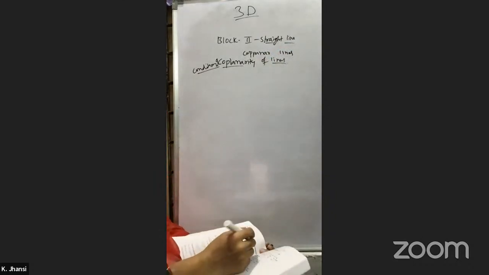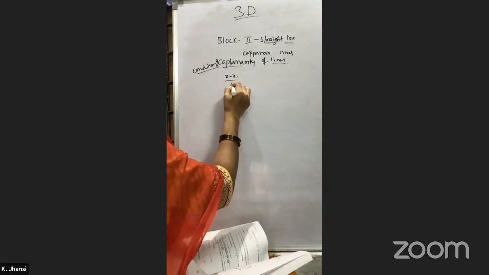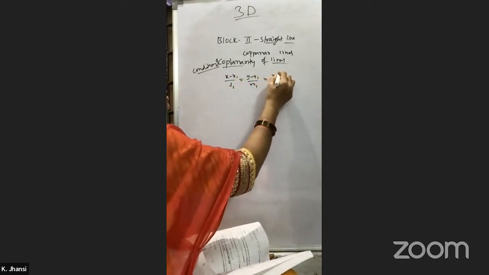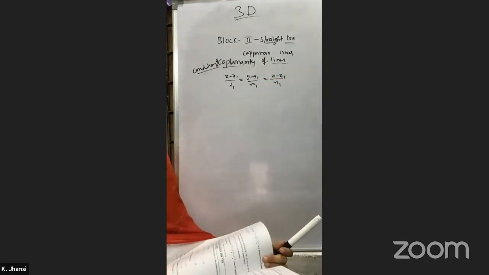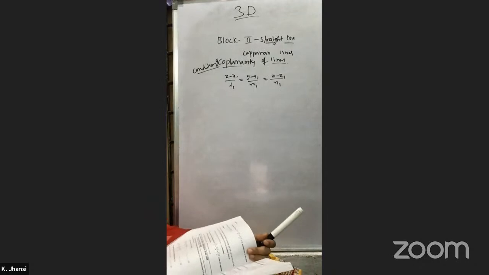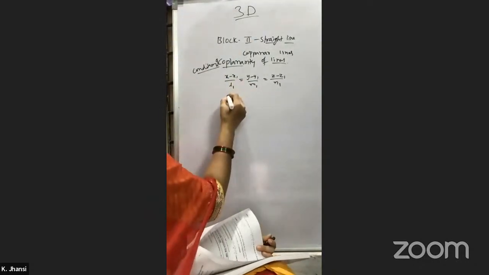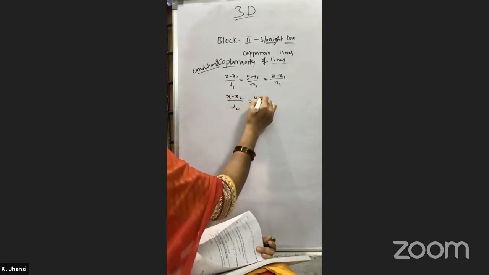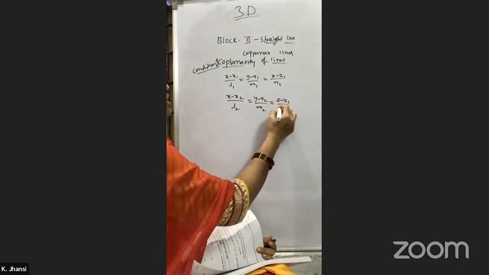two line equations will be given, that is (x minus x1) by L1 is equal to (y minus y1) by M1 is equal to (z minus z1) by N1. Okay, this is one line equation. And the second line equation is (x minus x2) by L2 is equal to (y minus y2) by M2 is equal to (z minus z2) by N2.